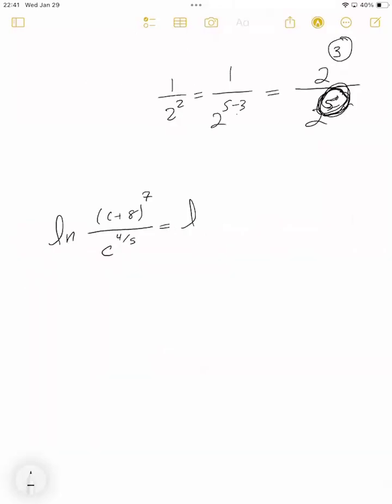Lastly, Alex wants you to get rid of that and write it as a radical. When you have exponents that are fractions, that means you can write this in radical form. So you put the radical, c goes under the radical, 4 is the exponent, 5 is the root, and that is your final answer.